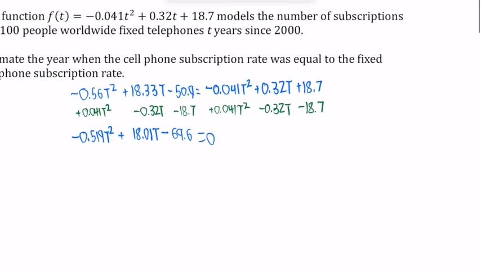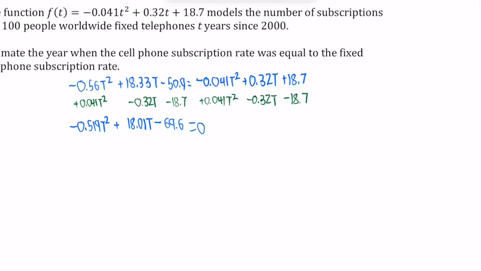We can solve this using our quadratic formula. The quadratic formula is not really any easier or harder with decimals than it is with other numbers. We still set it up exactly the same way: negative parentheses, plus or minus the big square root. Under the square root, we have a parentheses squared minus 4 times a parentheses times a parentheses.